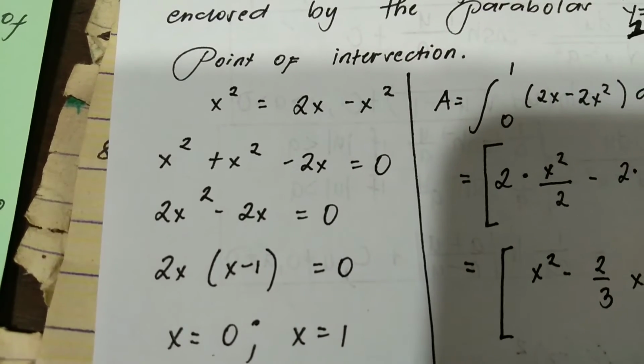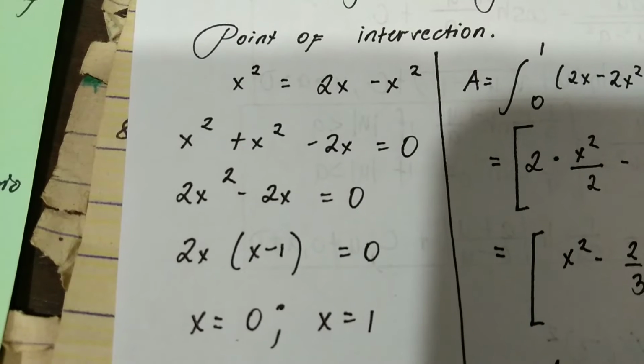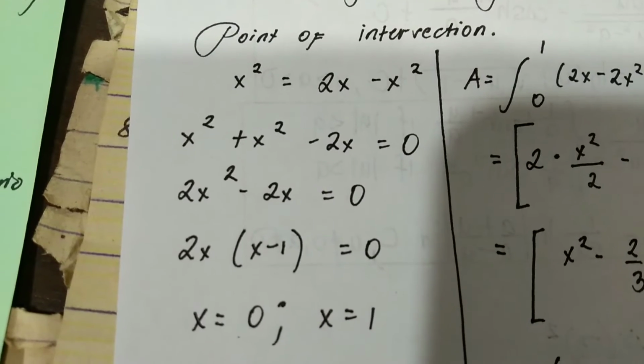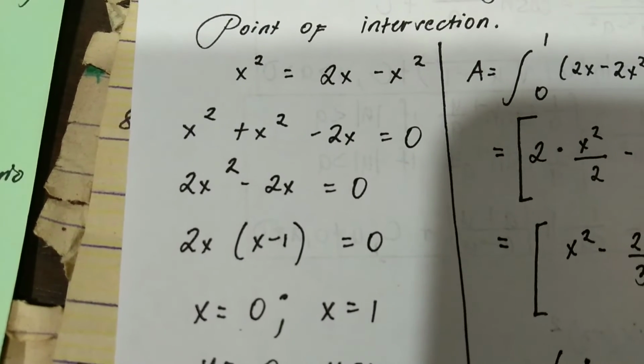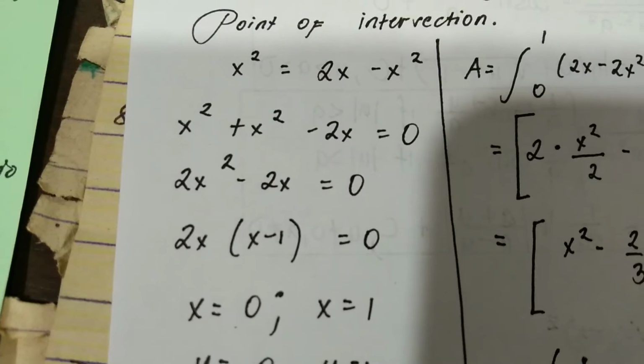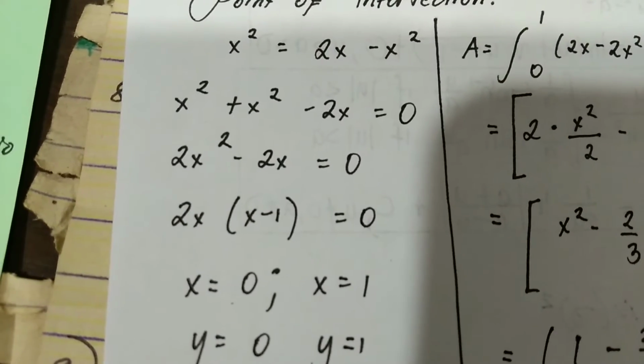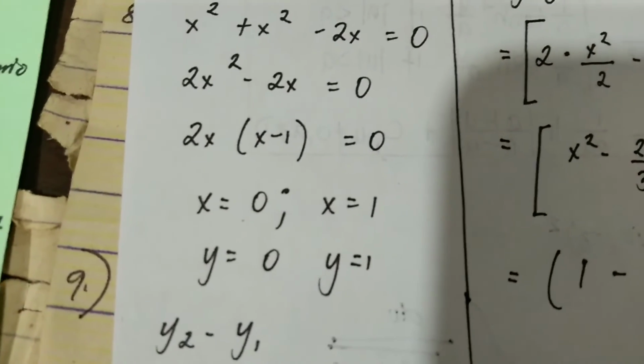Bringing them together, on the left side, we get x squared plus x squared minus 2x equals 0. So we have 2x squared minus 2x equals 0. Factoring out 2x, we get x minus 1 equals 0. That gives you 2 points, x equals 0 and x equals 1.